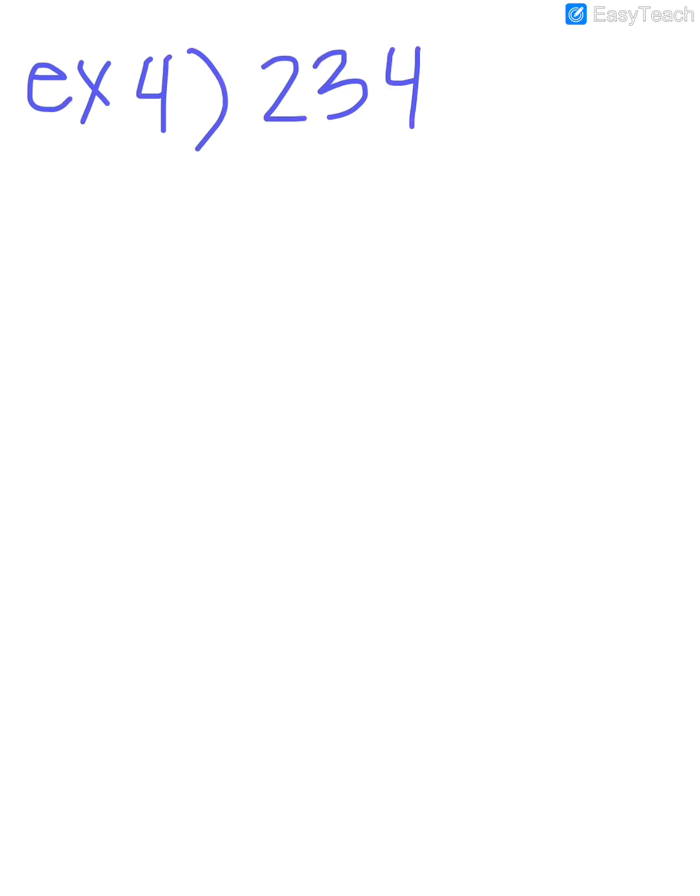Example 4 can be: round 234 to the nearest hundreds place. Now there's no decimal, so our hundreds place is just this number. And since our last number here is less than a 5, your answer is going to be 230.